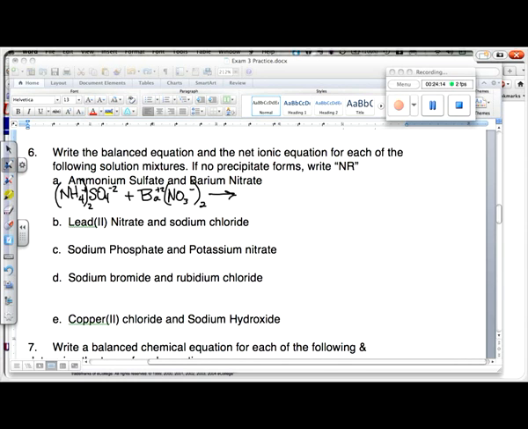Okay, ammonium nitrate, the soluble product, +1 -1, so this is aqueous. And then barium and sulfate, barium is +2, sulfate is -2, so one of each is good, and that's my solid. These over here are aqueous, so we're going to now split things up.